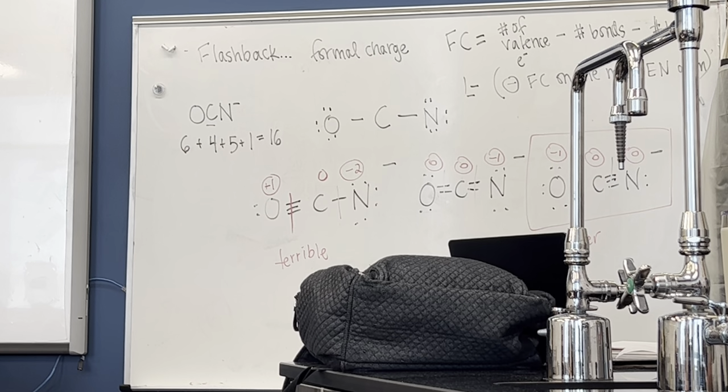So I'm going to call this the ionic limit. The ionic limit is what I'm going to use for oxidation number. The covalent limit is what we just used for formal charge.